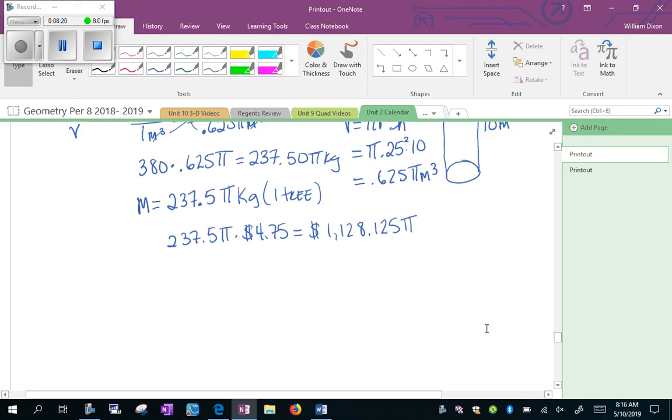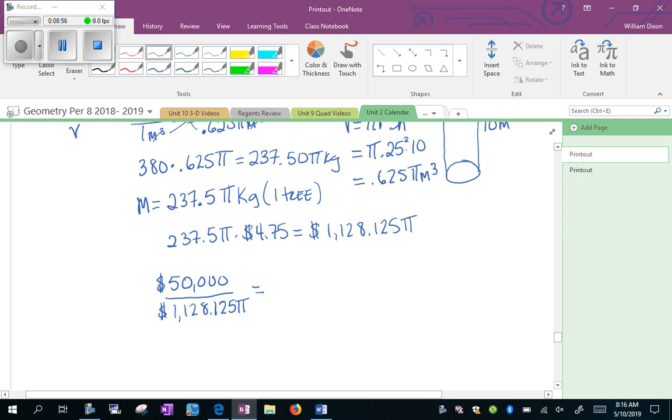And this is our last piece. We're going to take the amount we get per tree and see how many trees we need to sell to make that $50,000. It's pretty straightforward math. We're going to take $50,000 and divide that by how much we make for that one tree, $1,128.125 pi.